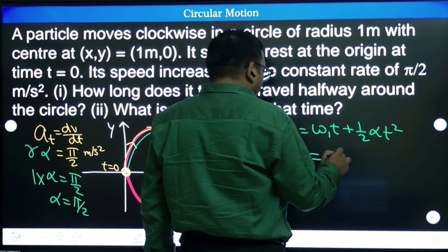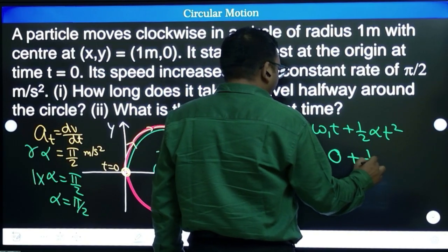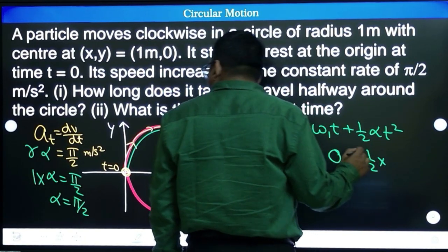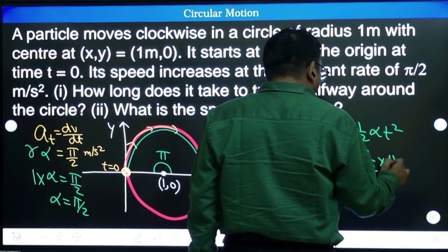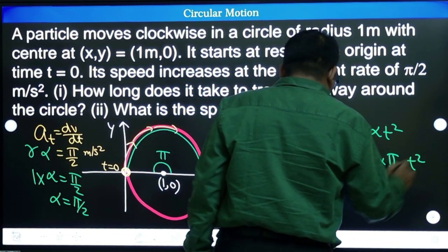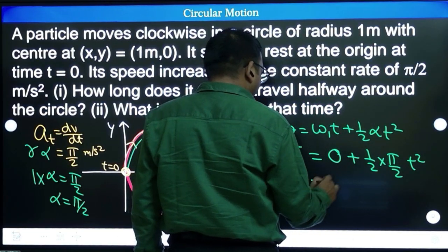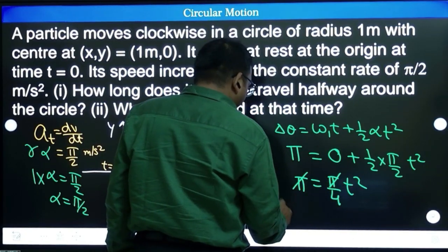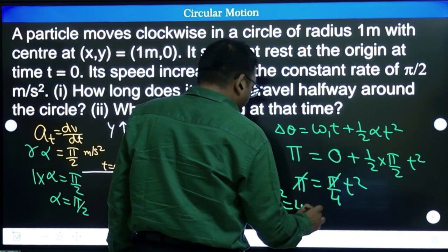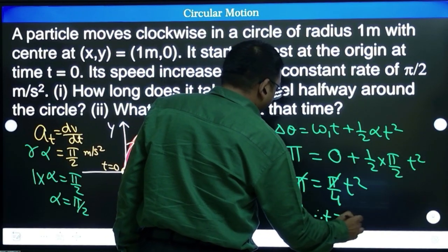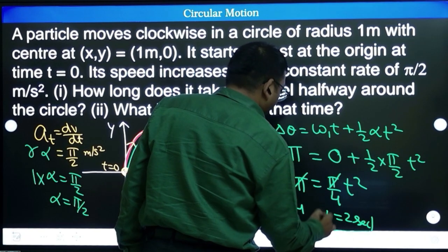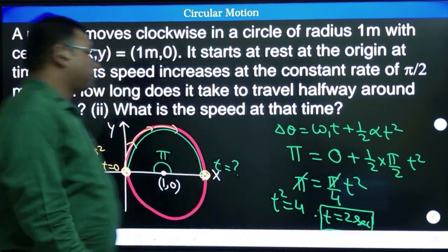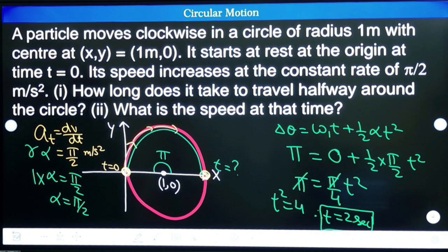Omega 1 is anyway 0. Half alpha is pi by 2 times half, so pi is equal to pi by 4 t square. Pi cancels, t square is 4, so time is equal to 2 seconds, right? That's the answer, 2 seconds.